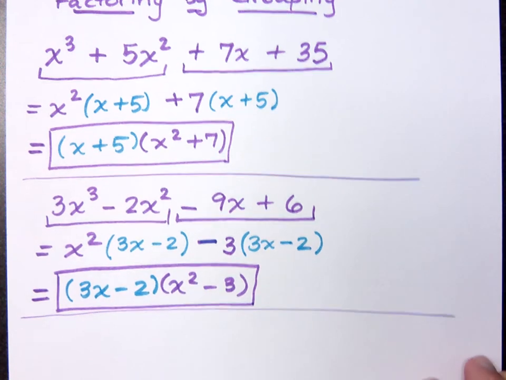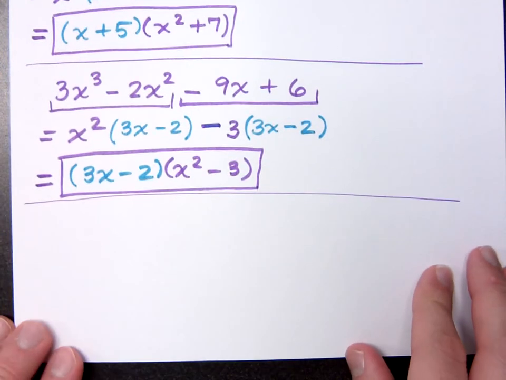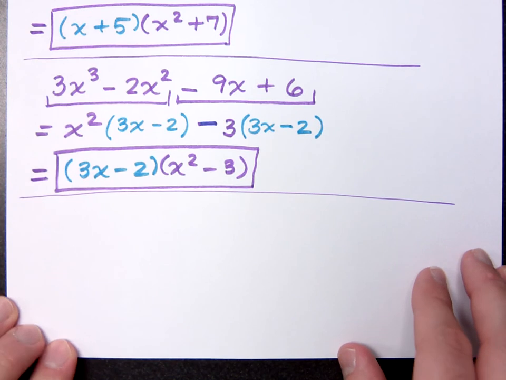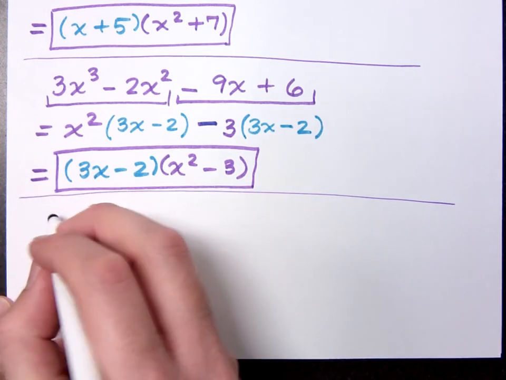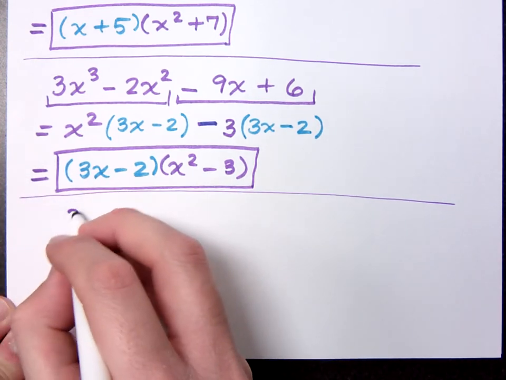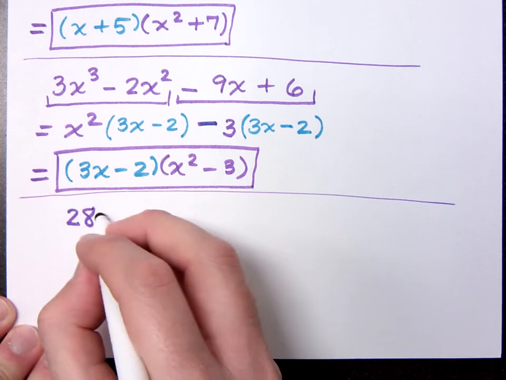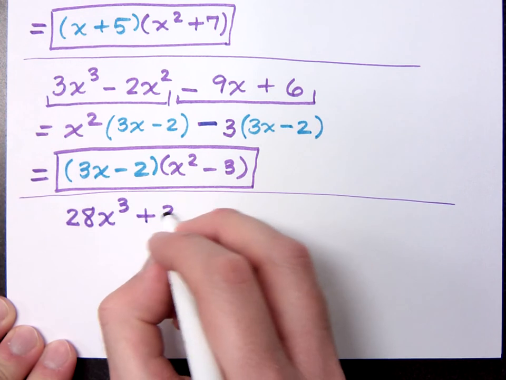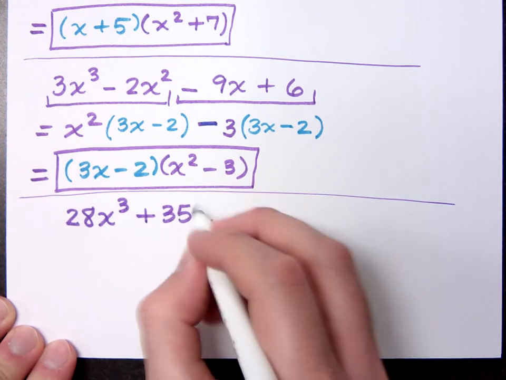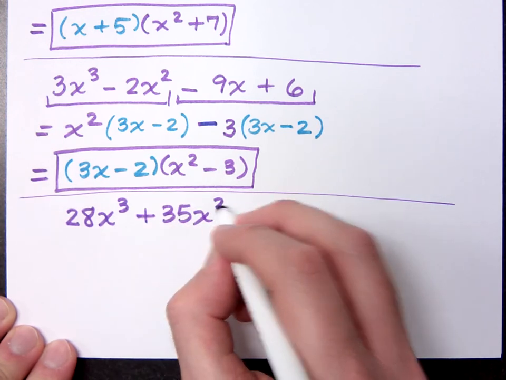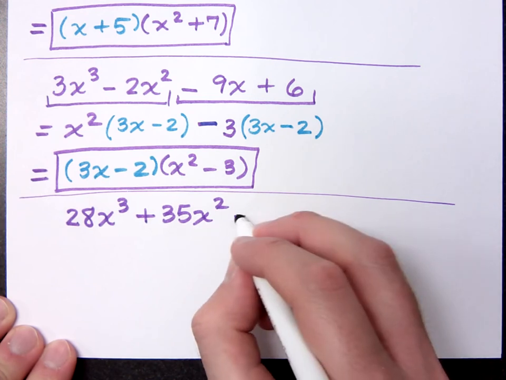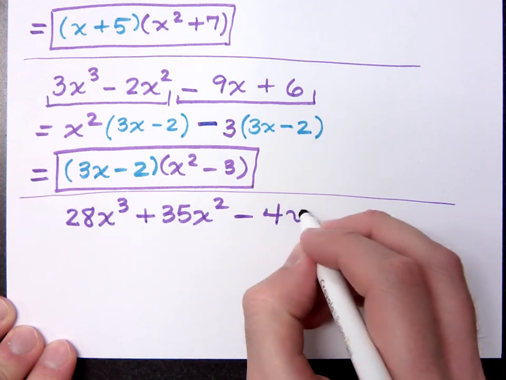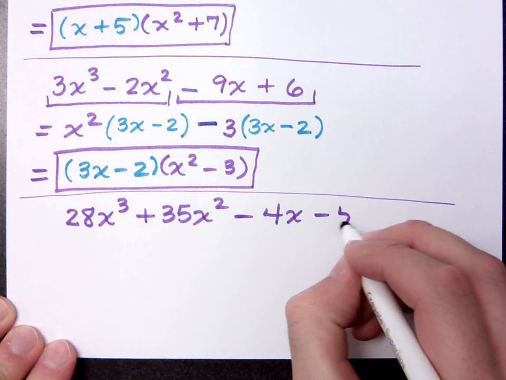All right, let's do one more. 28x to the third plus 35x squared minus 4x minus 5.